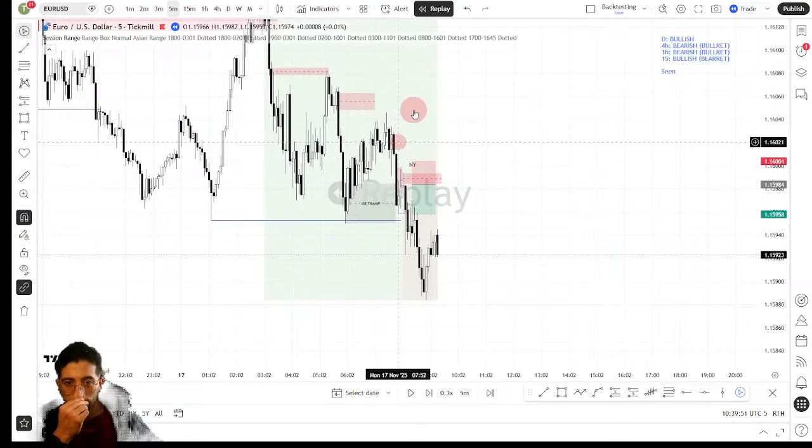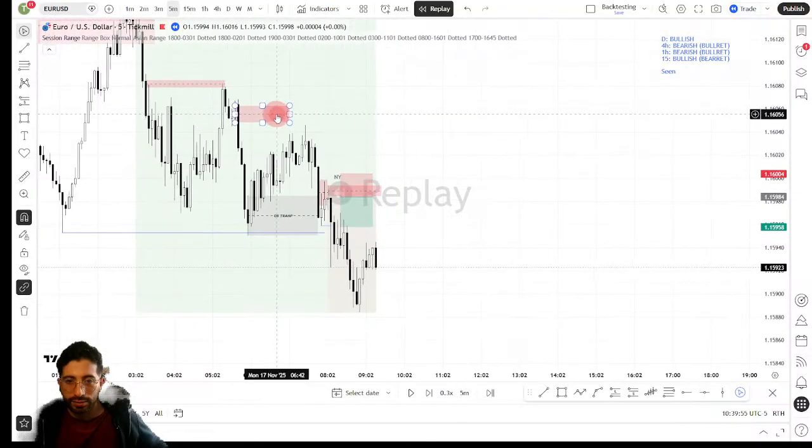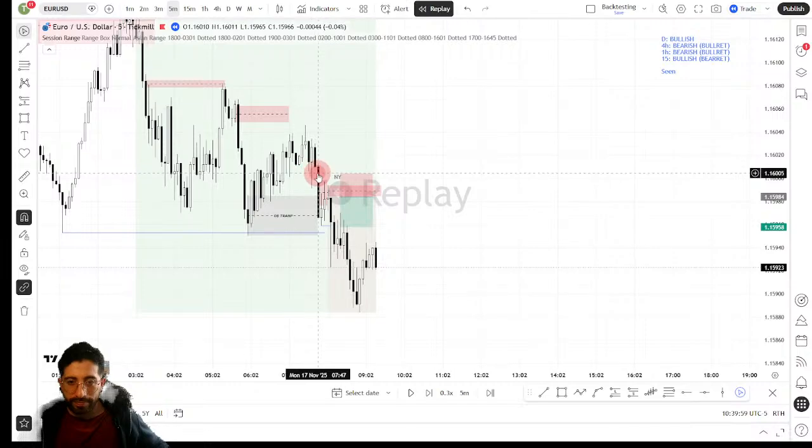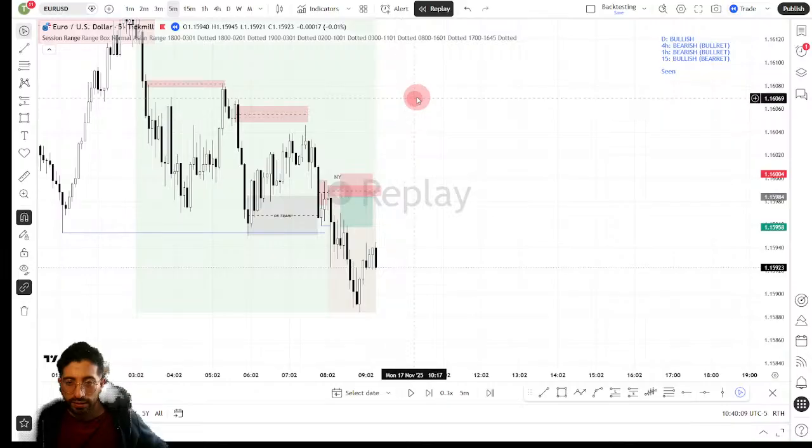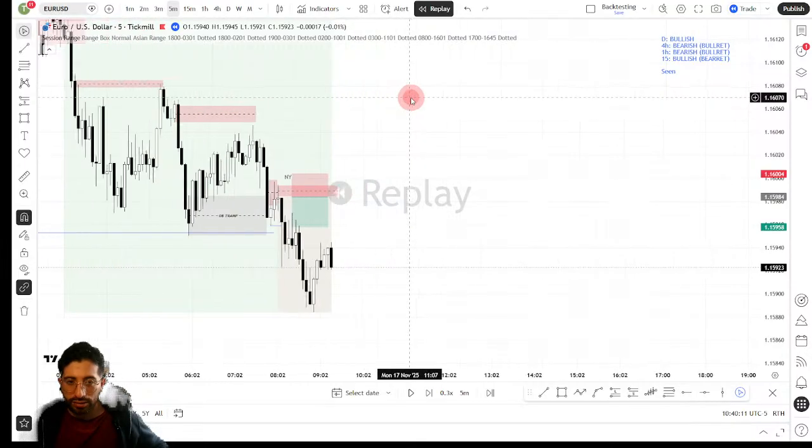Or probably here. Do you see this order block? This order block also seems very interesting. This one. Because this has an imbalance and also has liquidity prior to the entry point. So since it has these confirmations, it's a potential point of interest. All right, let me see what happens.